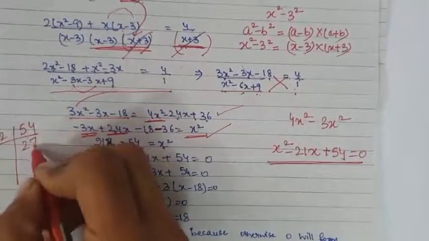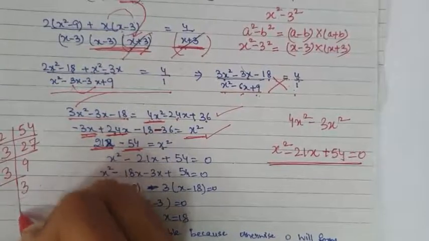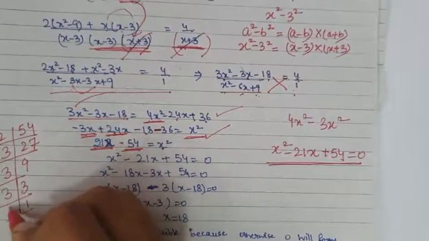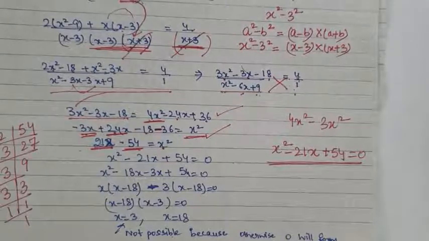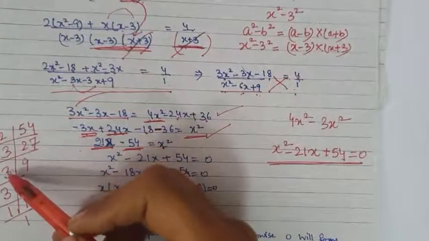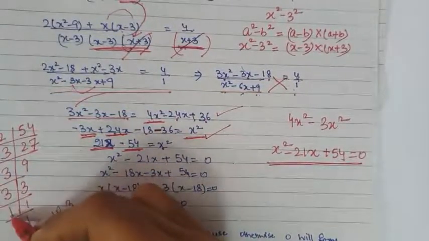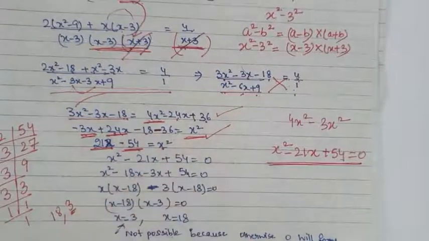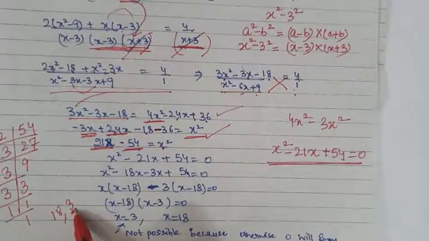That is 27, 3 into 9, 3 into 3, 3 into 1, 3. Now start making the factors. 2 into 3, 6. 6 into 3, 18. Then 3 into 1, 3. And we know 18 plus 3 gives you 21.